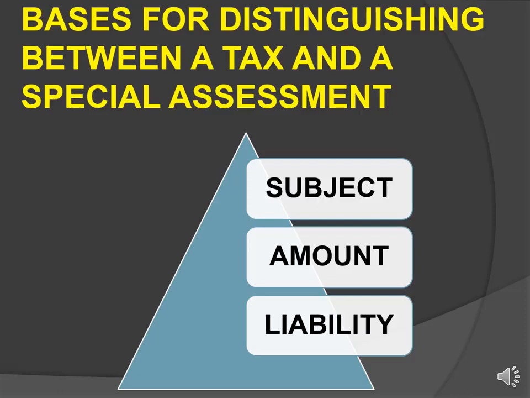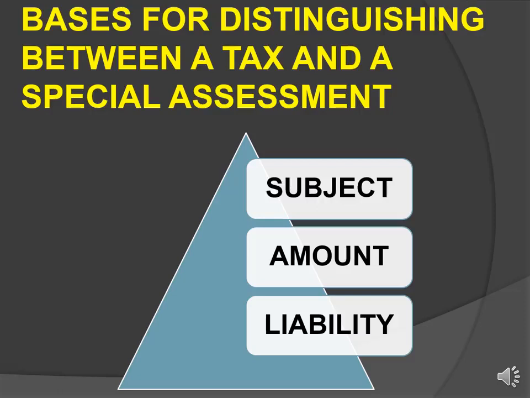The first point of distinction is the subject. The subject of a tax is almost always general, meaning to say you could impose a tax on practically all subjects and objects that will be found on earth. On the other hand, when you talk about the special assessment, the subject there is only land or real property.